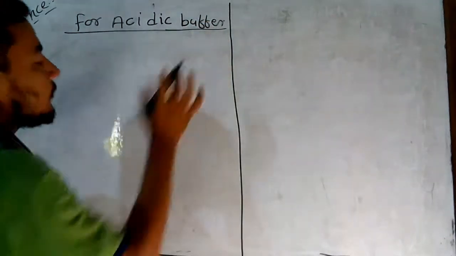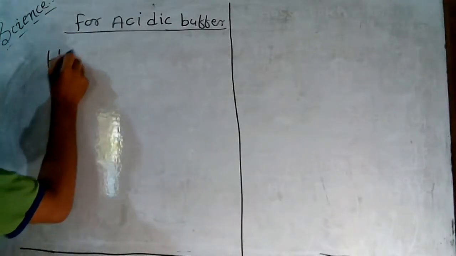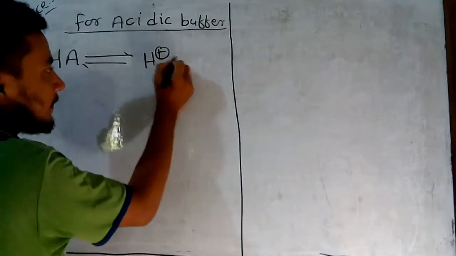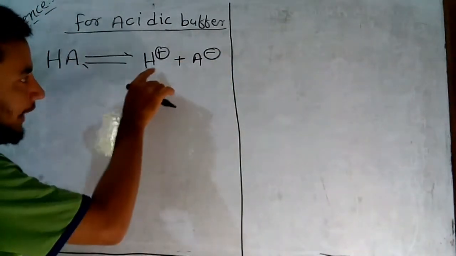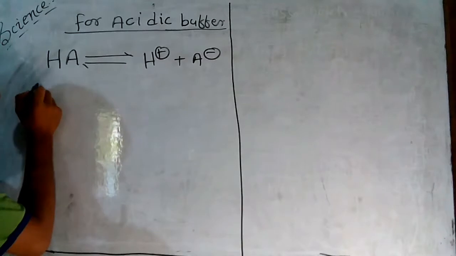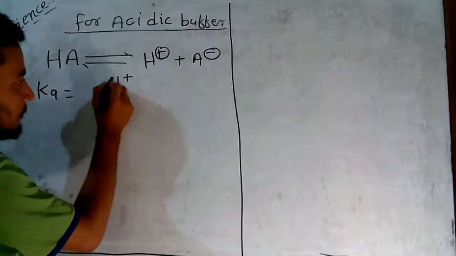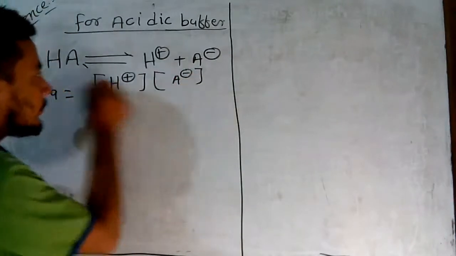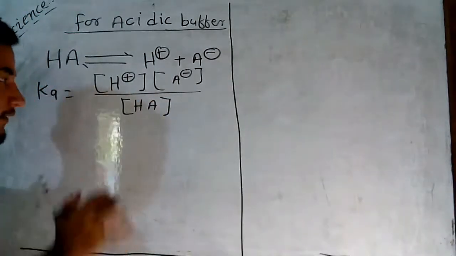For an acidic buffer solution, let us consider a weak acid, HA. This HA dissociates into H plus and A minus. When we write Ka, the equilibrium constant of the acid, it is the concentration of H plus times the concentration of A minus divided by HA.